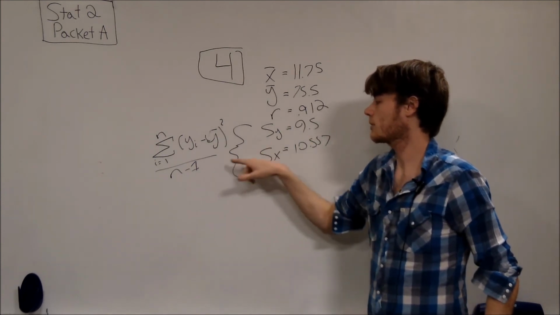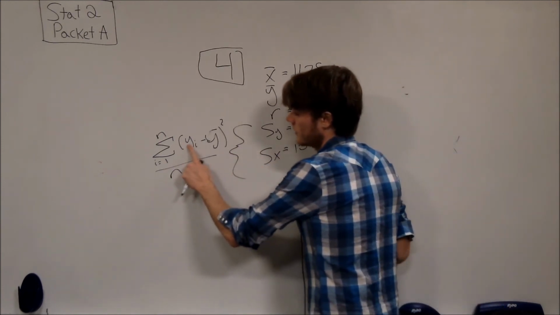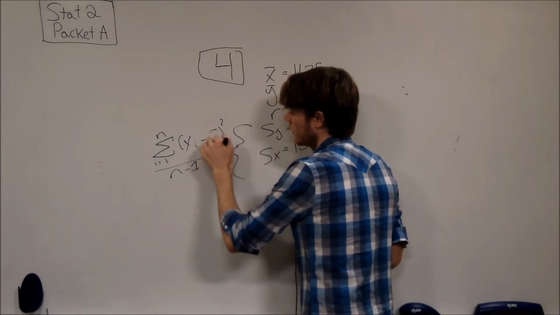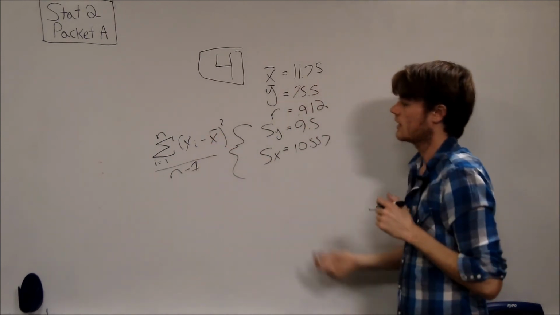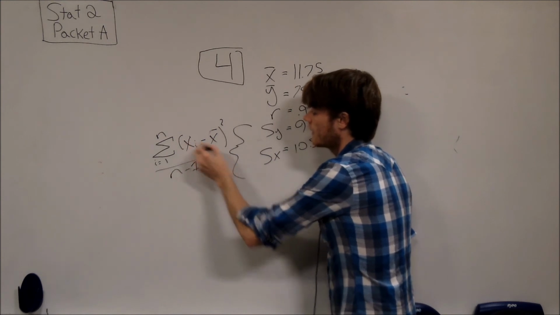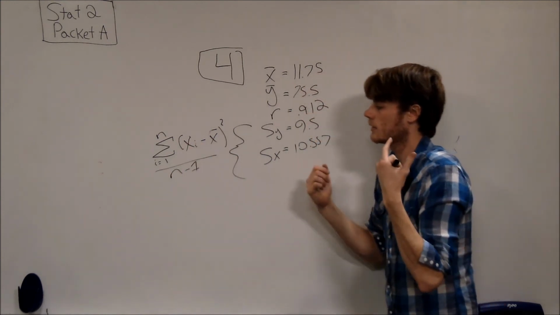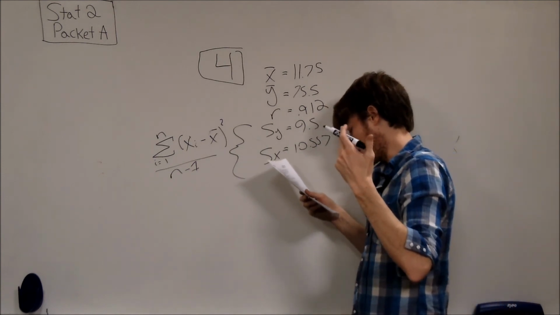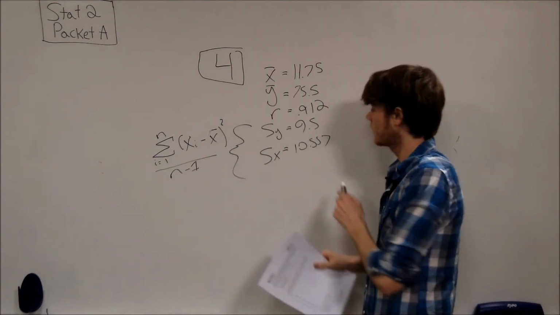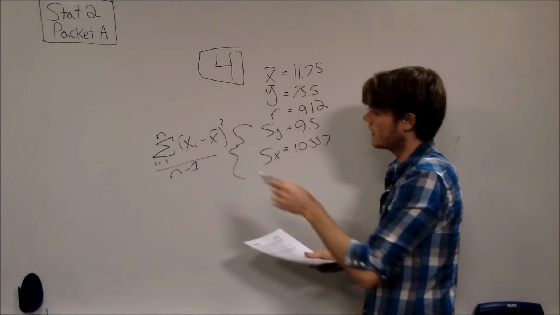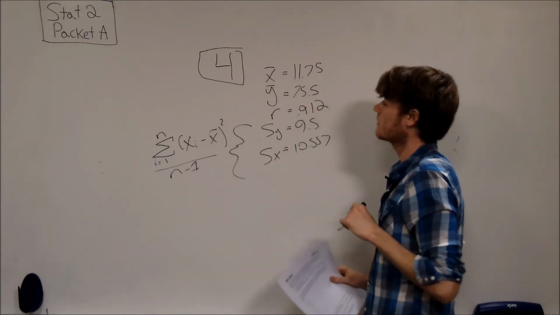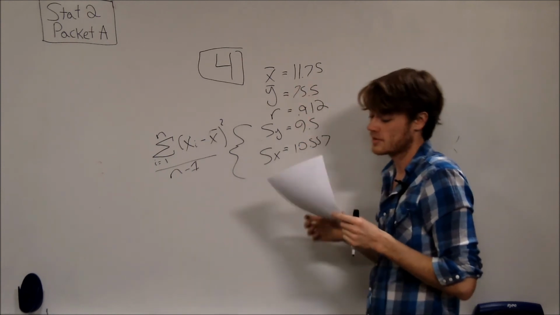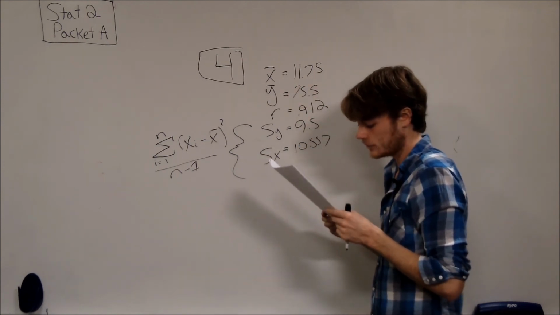So SX and SY are computed in the same way, but if it were SX, you do x minus x bar in this case. And you add them. So in this case, for the x values, it would be 5 minus 11.75 squared plus 8 minus 11.75 squared, all the way to 8 minus 11.75 squared, which is the last observation as well.